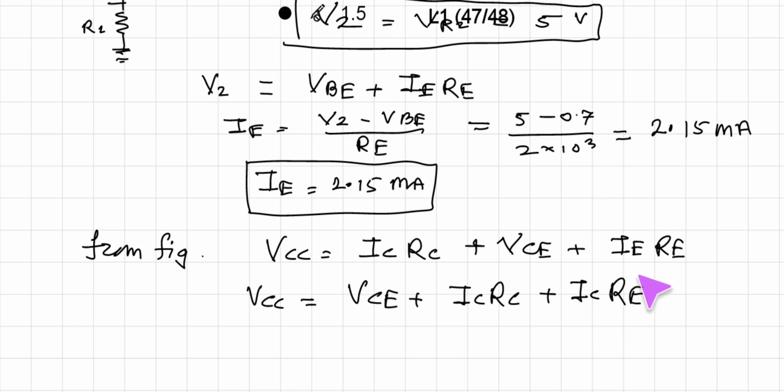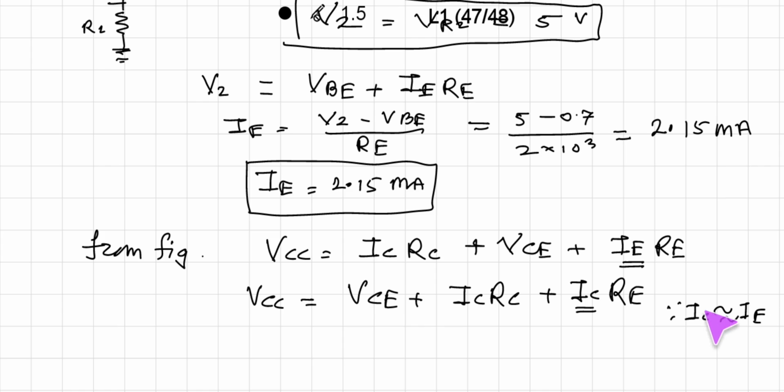Note that we have considered IE is equal to IC, since IC is nearly equal to IE because IB is very small.